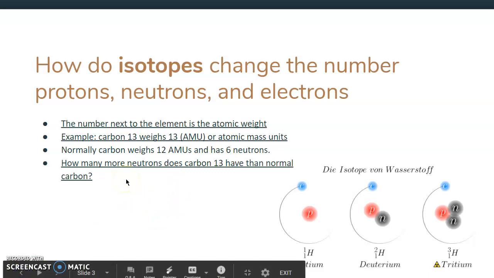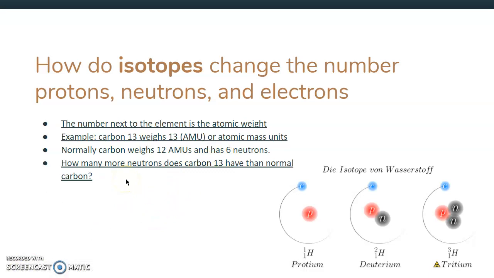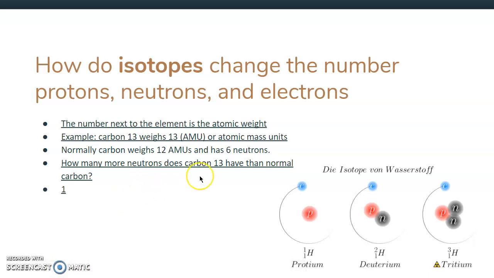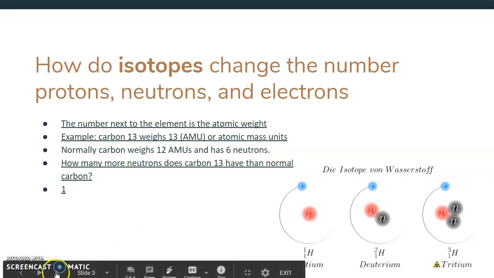So how many more neutrons does carbon 13 have than normal carbon? The answer is it has 1 more, so a total of 7 neutrons, because our atomic mass is equal to our number of neutrons plus our number of protons. Since carbon is number 6 on the periodic table, it must have 7 neutrons.